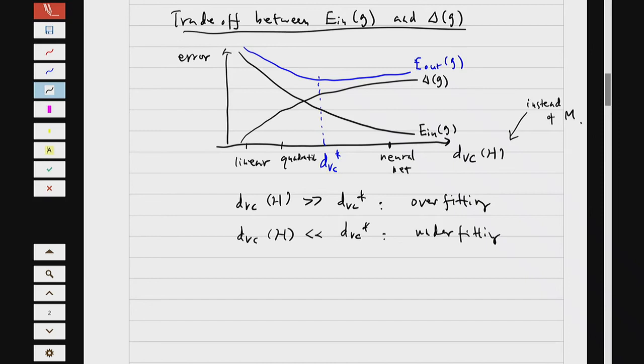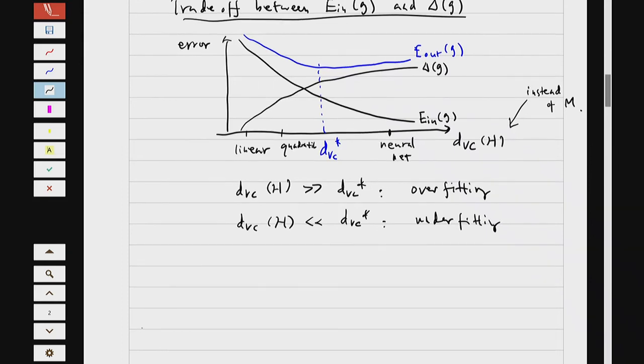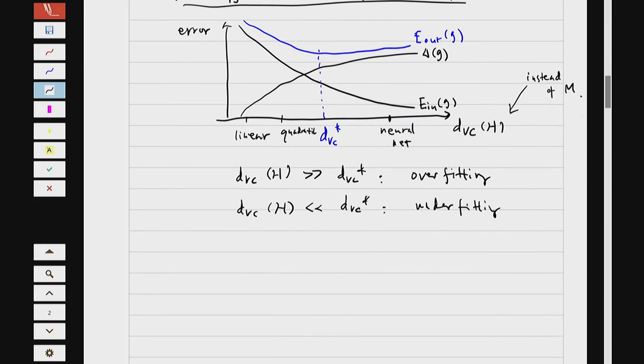Well, there's a general rule of thumb. The rule of thumb says that DVC star is usually around n divided by 10, where n is the number of data points that you have. No real justification for this, just numerically people have found. Choose H, choose the model.